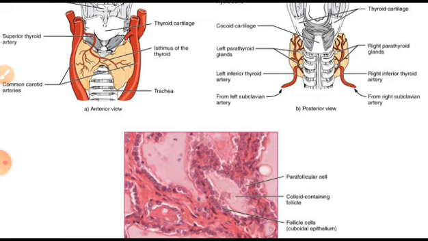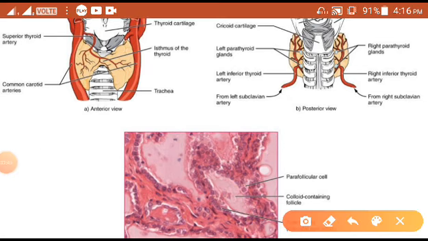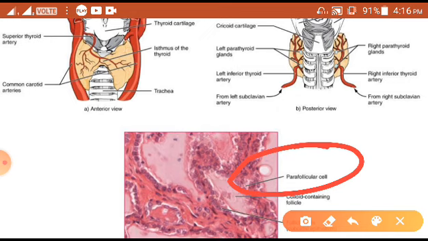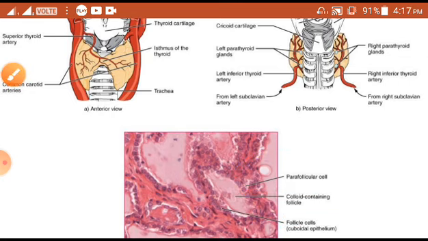These cells are also called C cells, and they are responsible for secreting the calcitonin hormone. It is named calcitonin because it is used for calcium homeostasis. These hormones are very much needed by the body for special purposes like development and growth related actions.